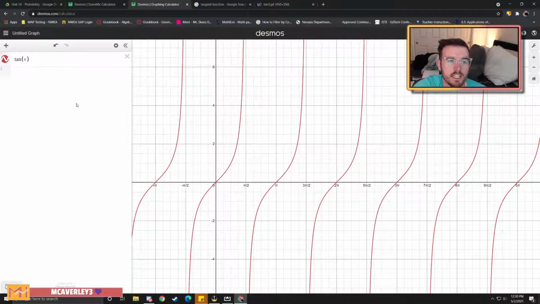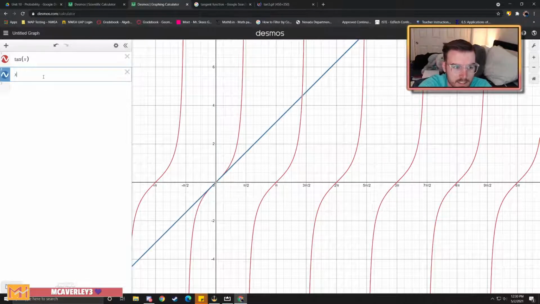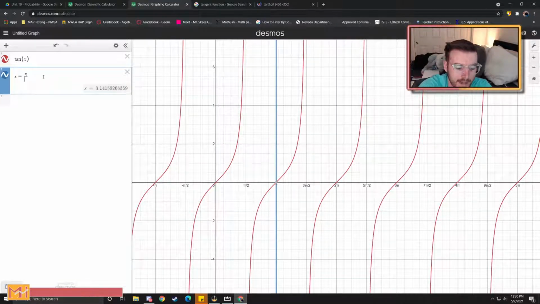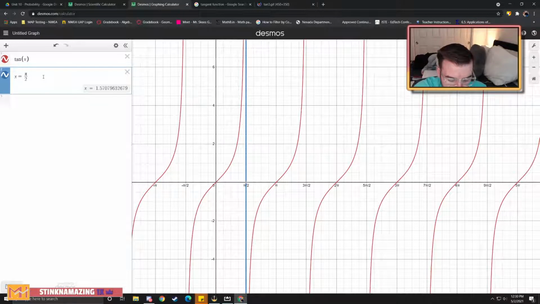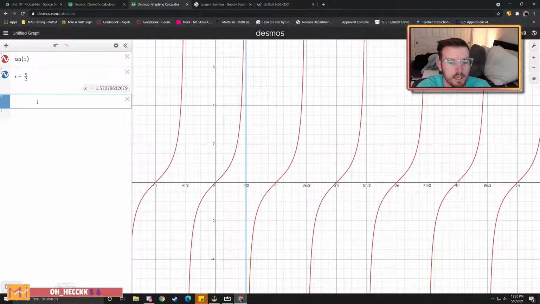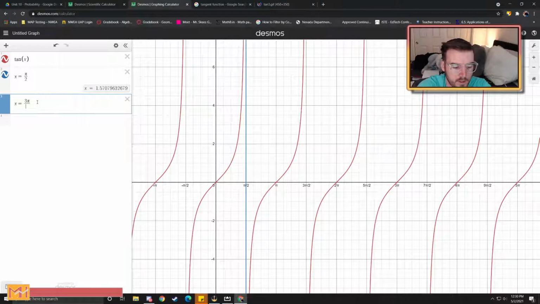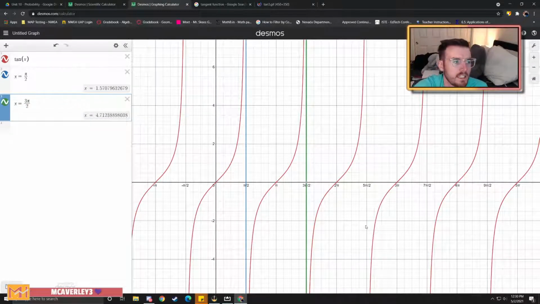So here you can see there are asymptotes, as they're called, at pi over 2, because I can't divide by 0. And then we have another asymptote at 3 pi over 2, and so on and so forth. It continues to repeat just like every other function.